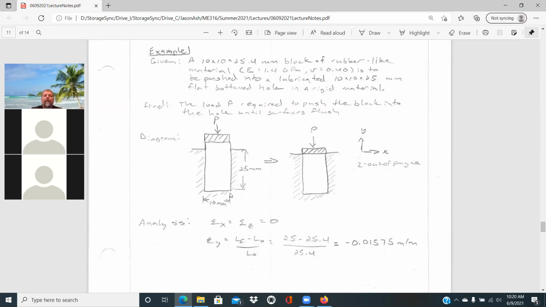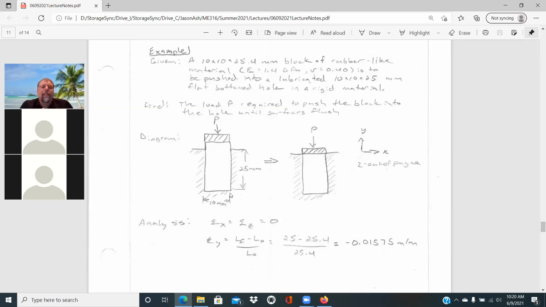And so for the analysis then on this, we need to take into account that full 3D state of stress and the conditions on the strains in the process. So for this problem, I have X set up to the right, Y vertically upward, and so Z is then out of the page.